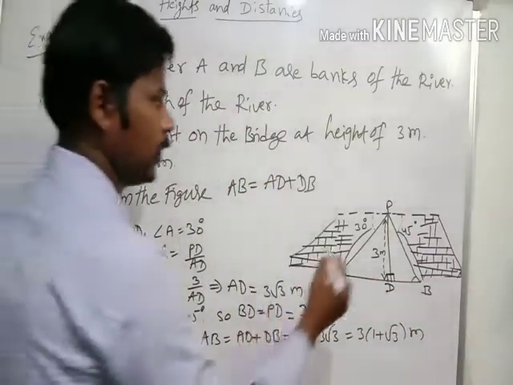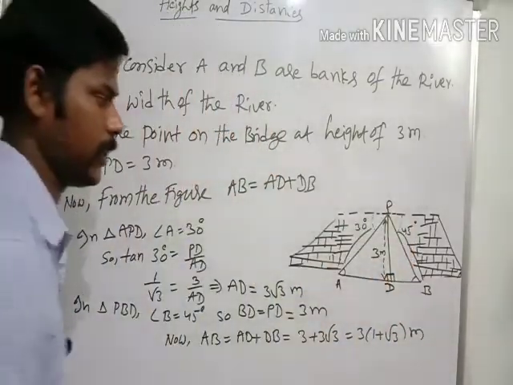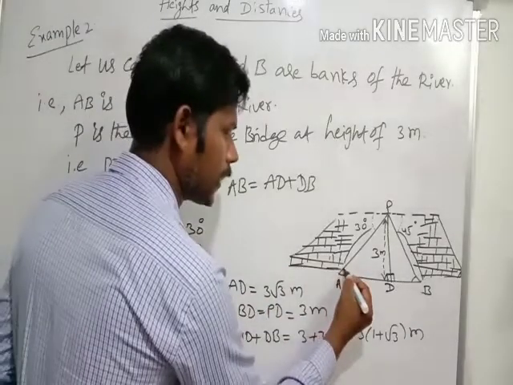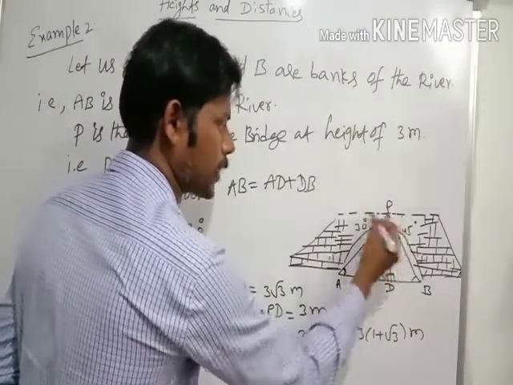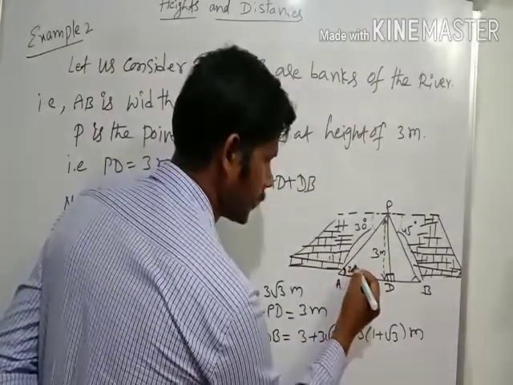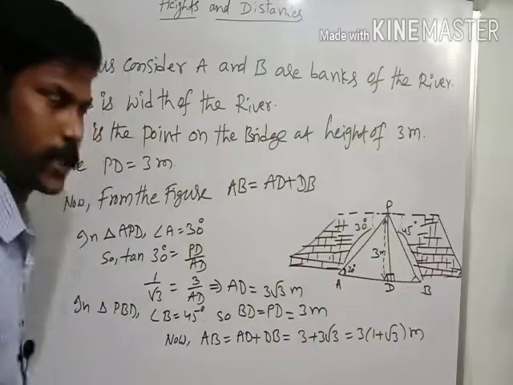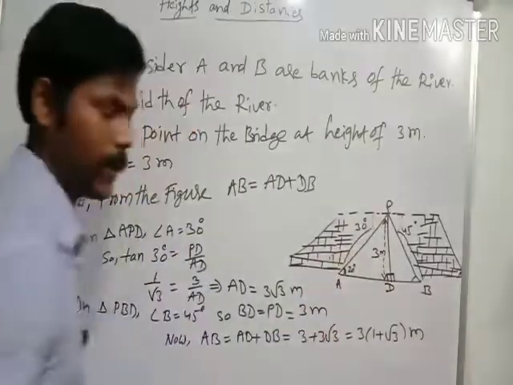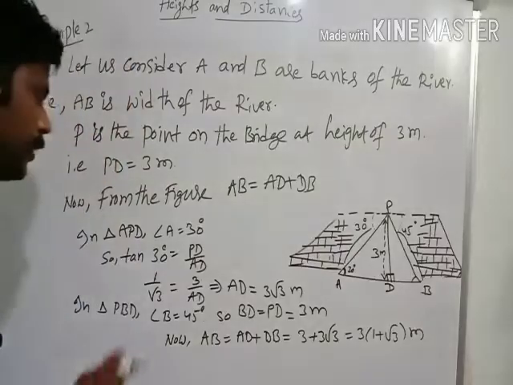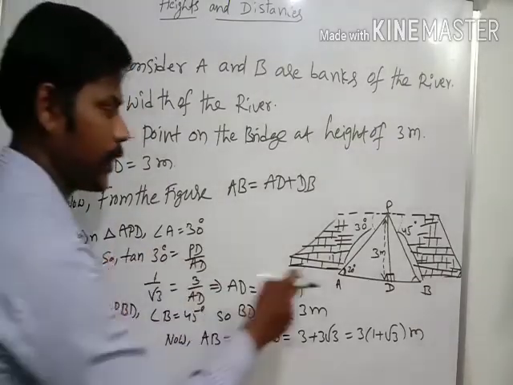So first consider the right angle triangle APD. Angle A equals 30 degrees, because the angle of depression is 30 degrees. I already said if PQ is a transversal, then alternate interior angles are equal. So here 30 degrees, here also 30 degrees. Now applying the tan theta concept.